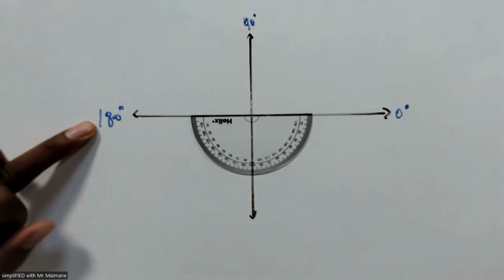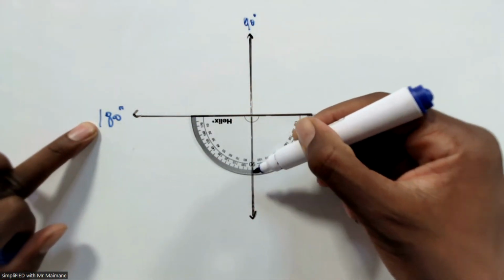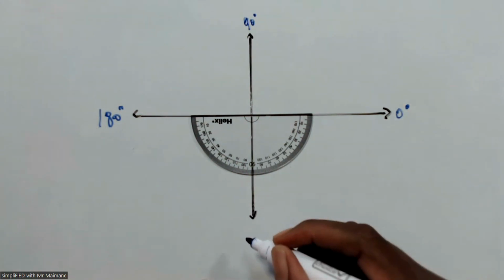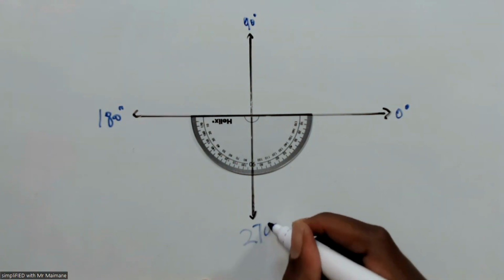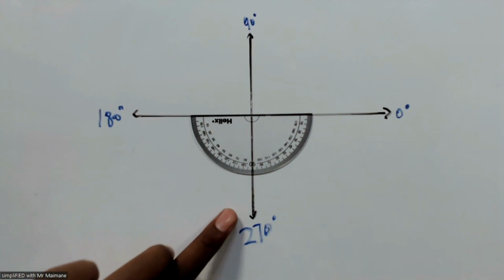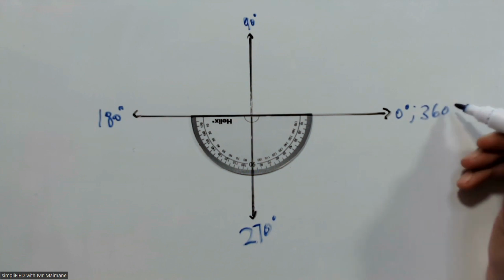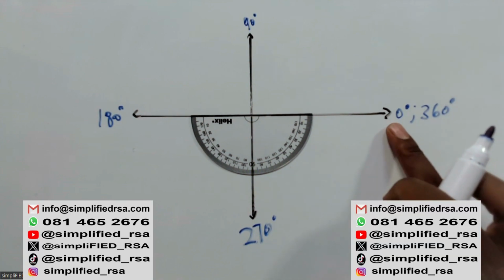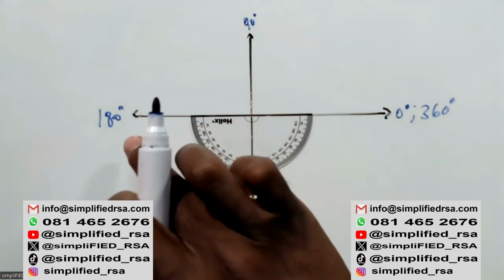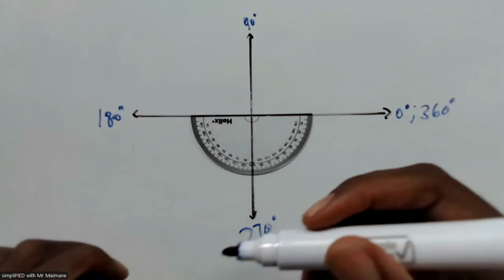If I know that there is 180 and it's going to complete another 90 degrees here, what is 180 plus 90? It's going to be 270 degrees. So there I have my 270 degrees, up until it rotates to 360 degrees. So you can see it started from 0, then went to 90, 180, and 270 degrees. That's how we measure angles.